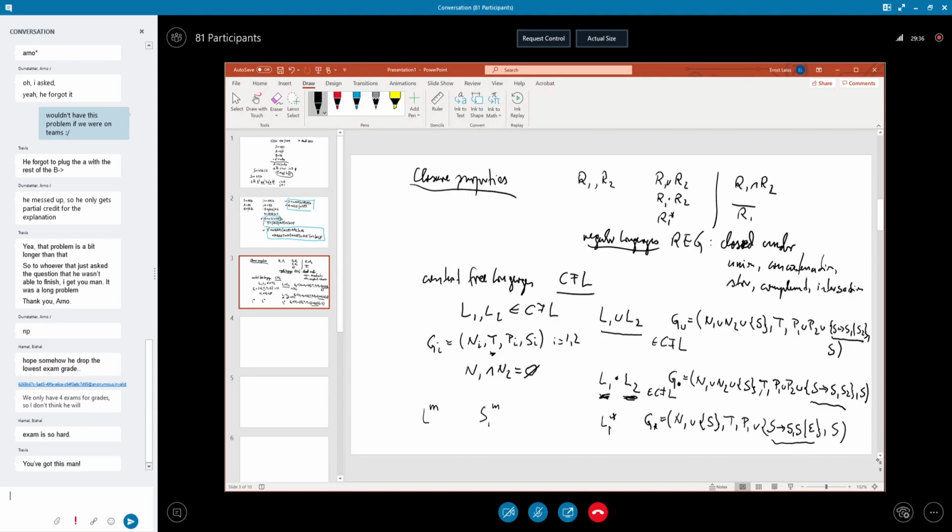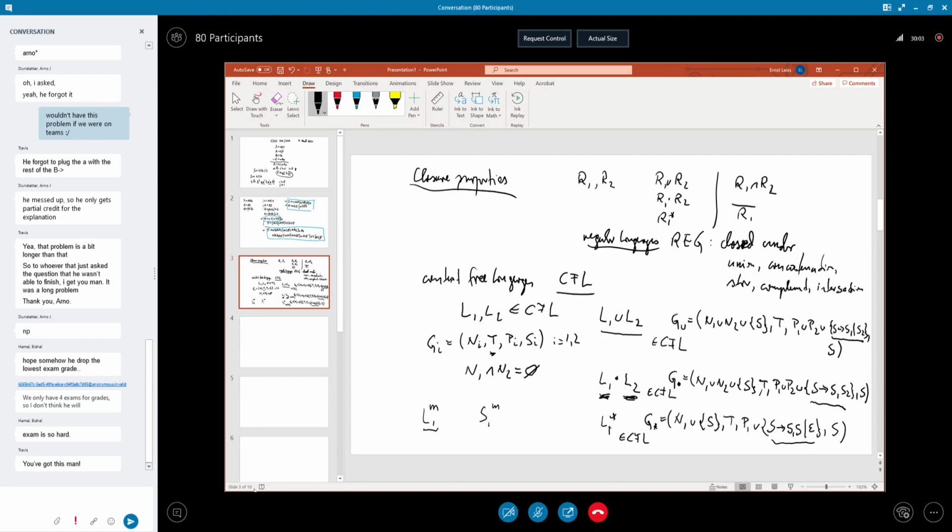And then we have M copies of S1, which will allow us to get M copies of L1. So that means that the star is again a context-free language, and that shows that context-free languages are closed under star.